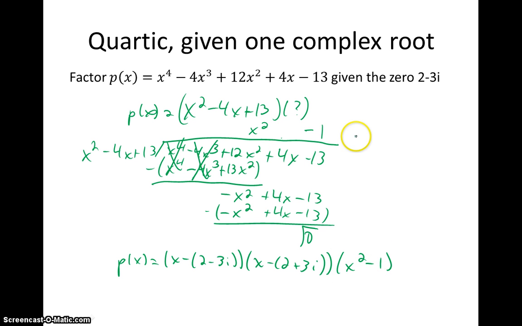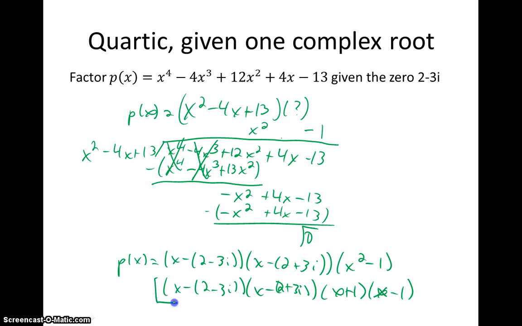Well, that's actually really handy because x squared minus 1 is a difference of squares, so we can just factor that. So this is x minus 2 minus 3i times x minus 2 plus 3i times x plus 1 times x minus 1. And that's all there is to it. So we have our complete factorization.